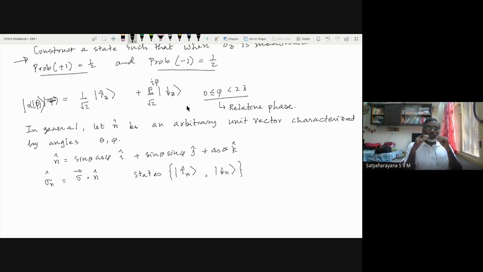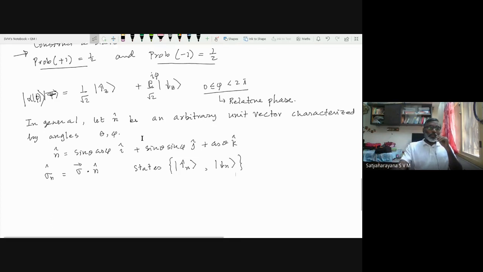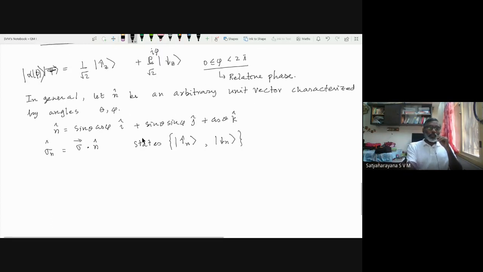Now, sigma dot n cap is what? You have sine theta cos phi into sigma x plus sine theta sine phi into sigma y plus cos theta into sigma z. Correct? So this is your sigma n. You can write this as a matrix, right? So what will be this matrix?